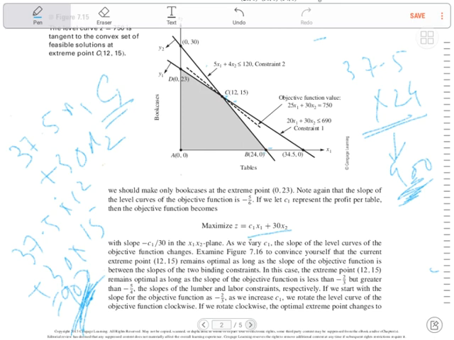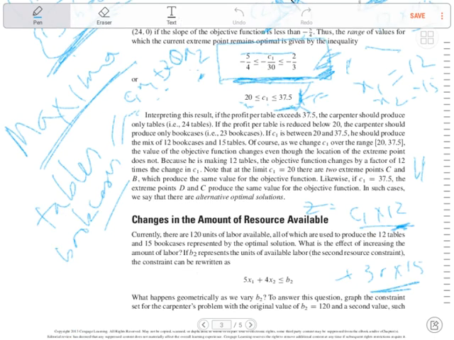Okay, so this is the analysis we are completing here. If C1 is taking any value between 20 and 37.5, not touching these two, then your optimal value is going to change via a factor of 12 C1, and the extrema is going to remain at 12-15.